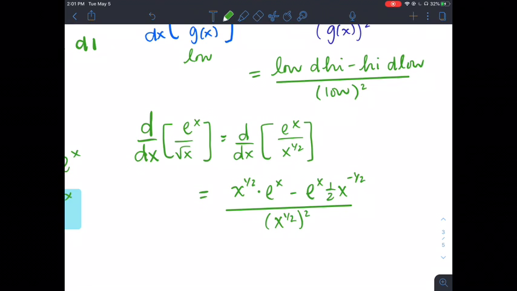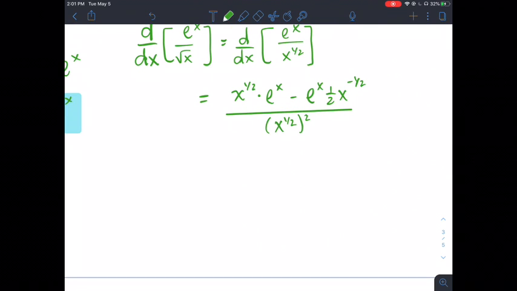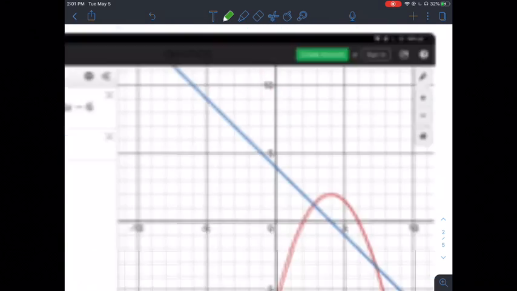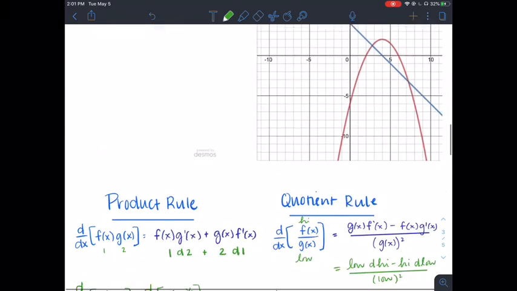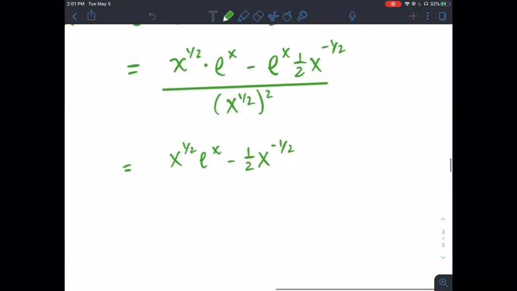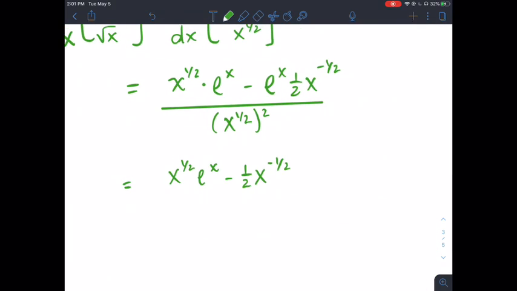And I could leave it like this, but I'm going to go one step further. I'm just going to do a little bit more rearranging. I'm going to leave it as x to the 1/2 e to the x, but I'm going to pull that 1/2 x to the negative 1/2 in front. So I'm going to get x to the 1/2 e to the x minus 1/2 x to the negative 1/2 e to the x.